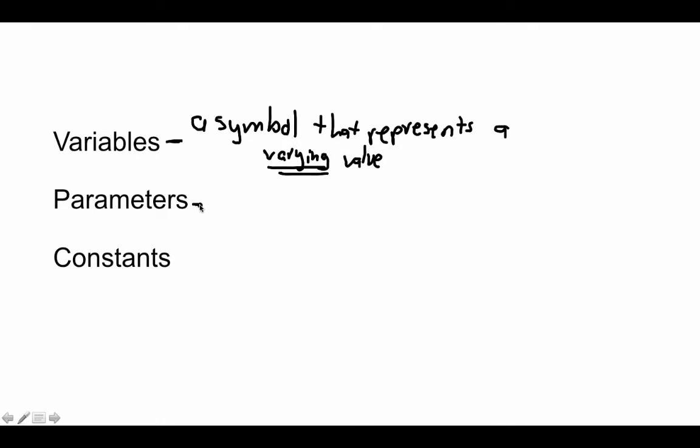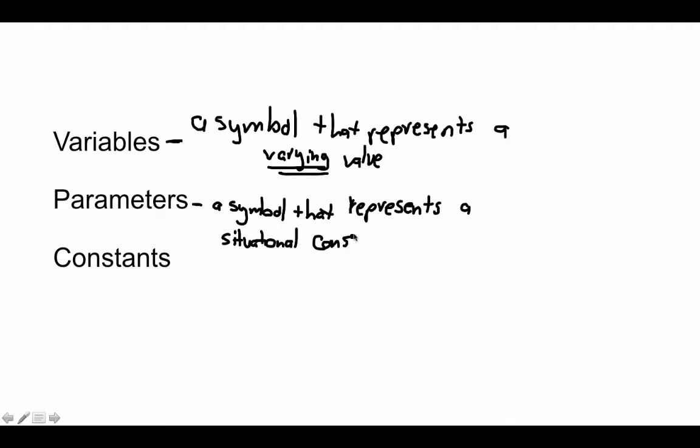A parameter is a symbol that represents, and I asked people to give me some answers because they had read the book, a situational constant. In other words, a constant in one situation. It can be known or unknown.